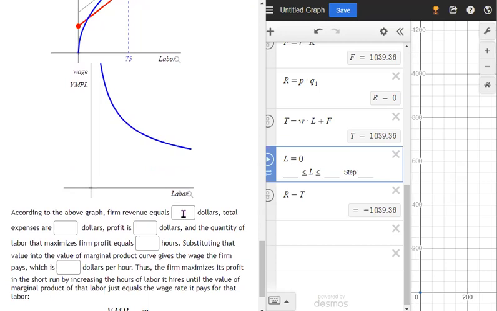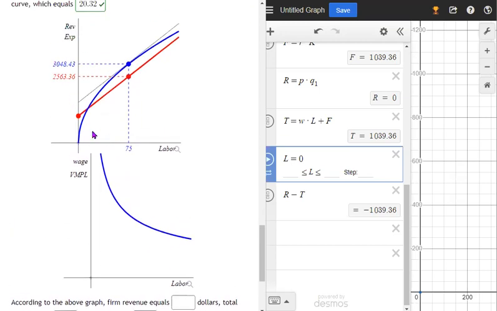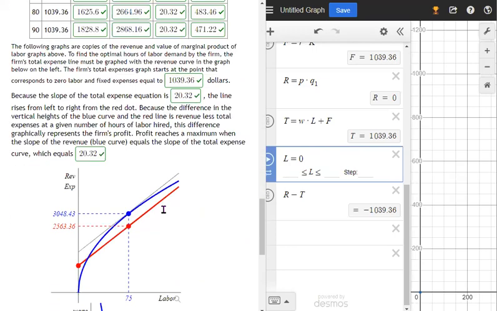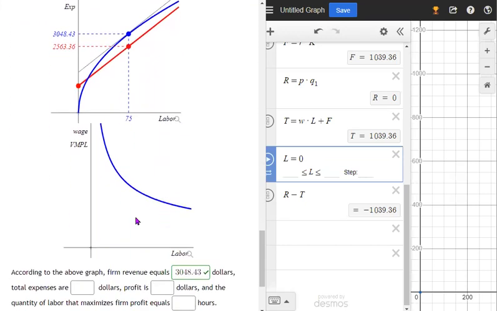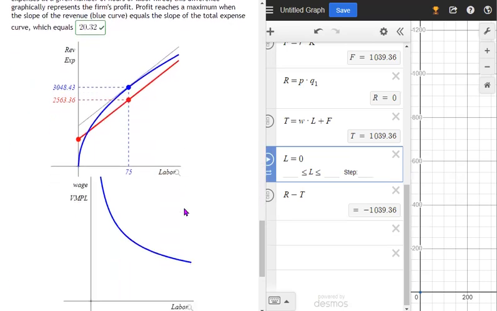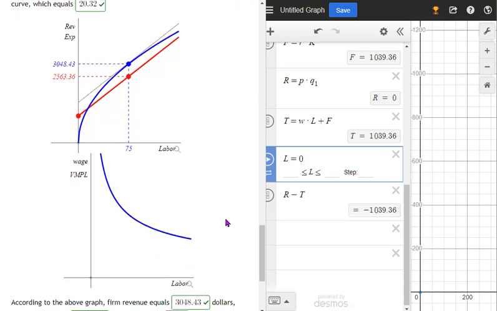According to the above graph, firm revenue equals what? $3,048.43. Okay. Total expenses equal $2,563.36. Profit is their difference, right?